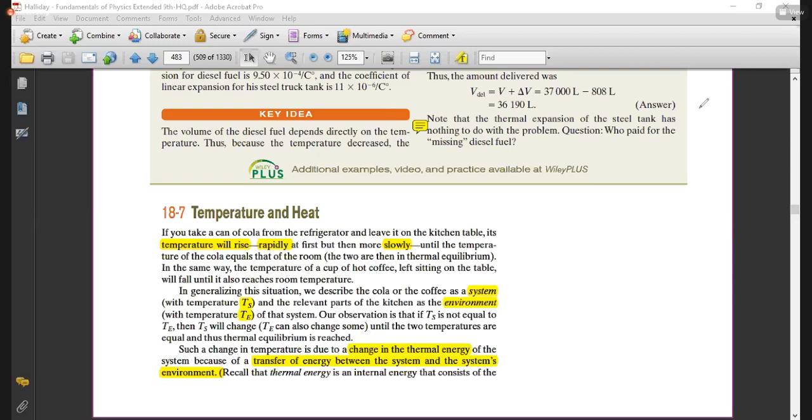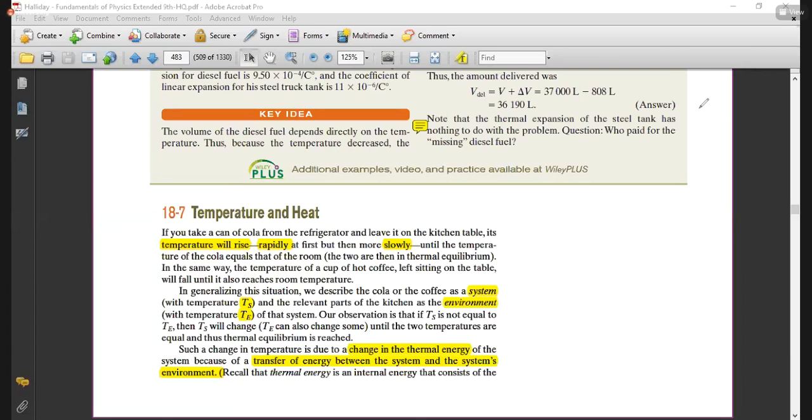When you place the can of cola on the table out of the fridge, the atmosphere has the higher temperature while the can has the lower temperature, so energy will transfer from the atmosphere toward the can of cola. So its temperature will rise.